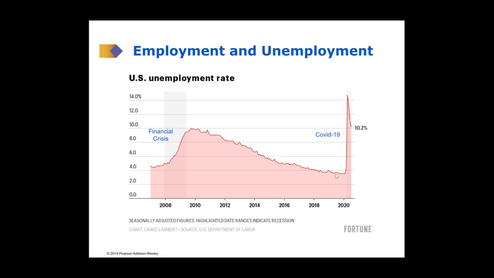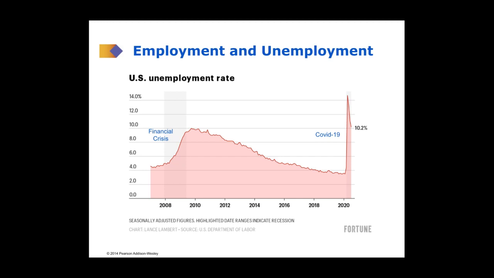It was below 4% going into 2020, and then in 2020 we had the COVID-19 crisis, and unemployment shot up above 15% as the economy closed down and businesses shut down, and we dealt with the ramifications of the pandemic.